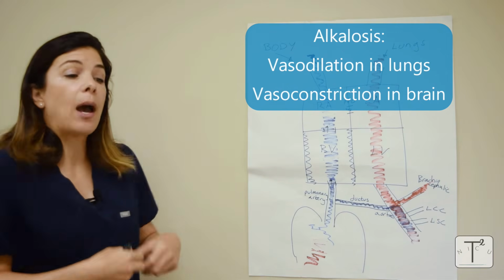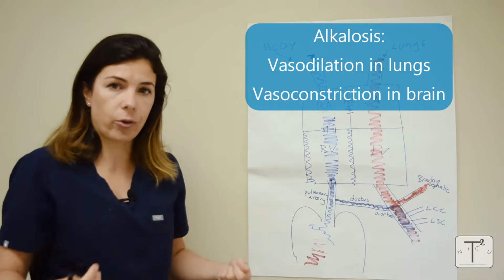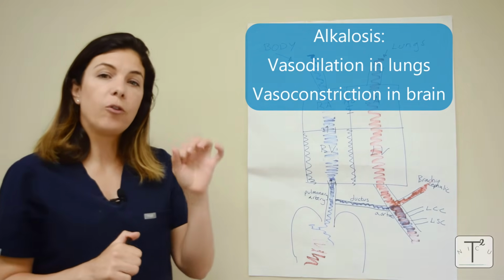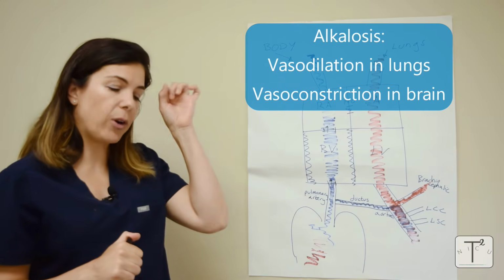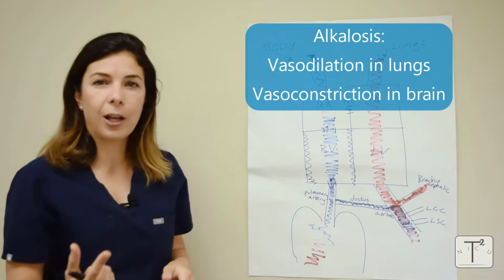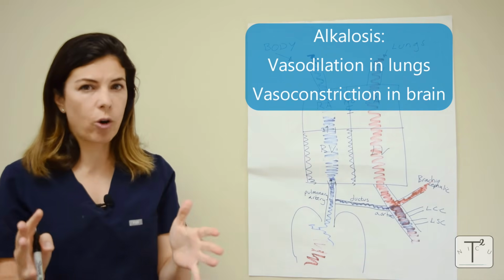In that way, that would also encourage the smooth muscles in the arterioles to relax. The problem with that is that it also constricts the arterioles in the brain. So having a lot of oxygen or having alkalosis constricts the blood vessels in the brain. So obviously not great for the brain.